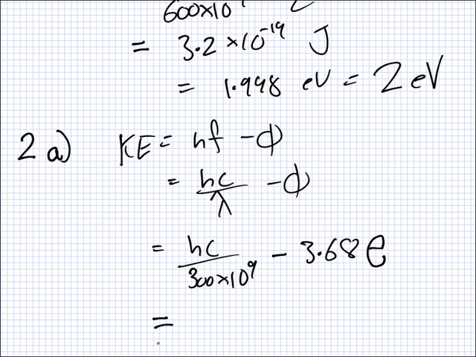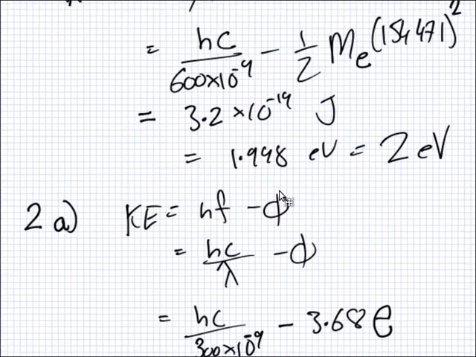What is the value of c? 3 times 10 to the 8. Oh, for goodness sake, sorry, minus 9 there. Did I do that mistake in the last one? No. Okay.